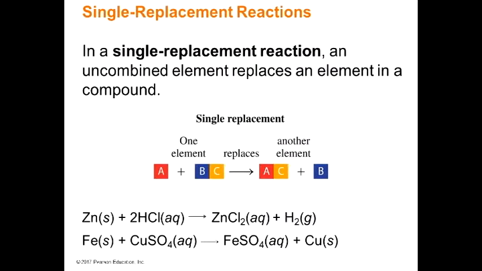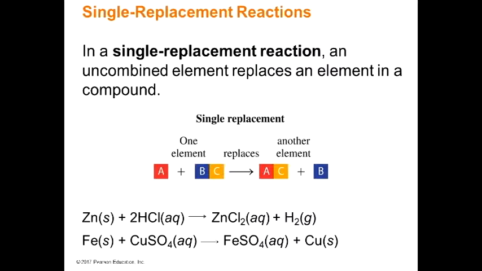Single replacement. And you'll have to find your own little trick for doing this, okay? But one way to look at a single displacement, you'll see one thing, they exchange partners. It's like a do-si-do. Exchange its partner, kicks this one out, bam, it's gone. Okay?